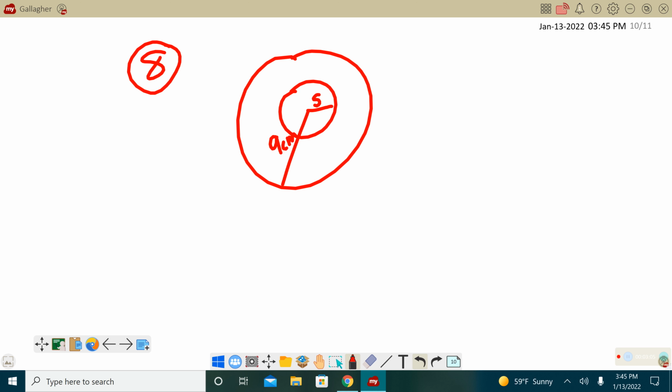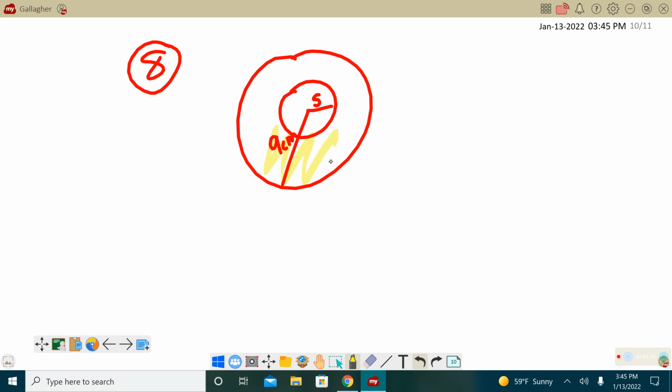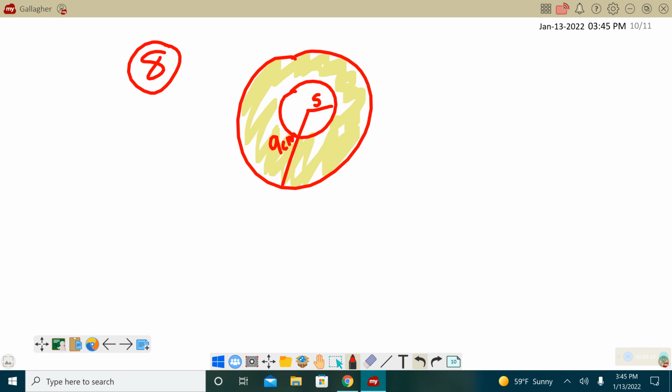So to find that shaded region, right here, what we want to do is take the outside circle, and then we're going to remove the inside circle's area. So the area of the outside minus the area of the inside will give us that shaded region.